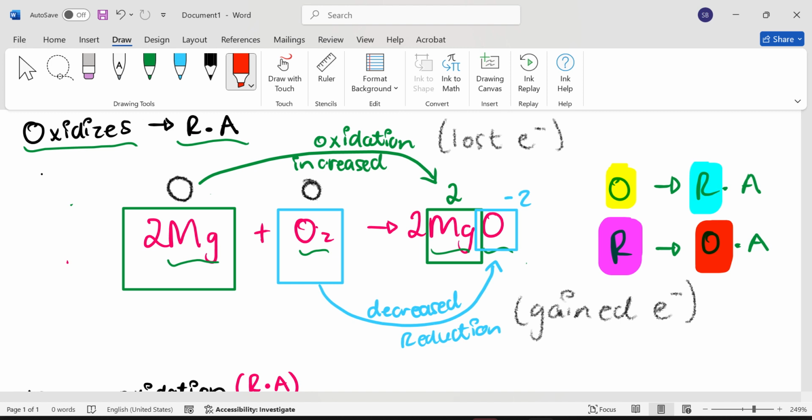When my friend reduces, he's reducing because I oxidized. Thus, whatever reduces is known as the oxidizing agent because it reduced because something else oxidized. It gains electrons, reduction, because something else lost those electrons, oxidation.